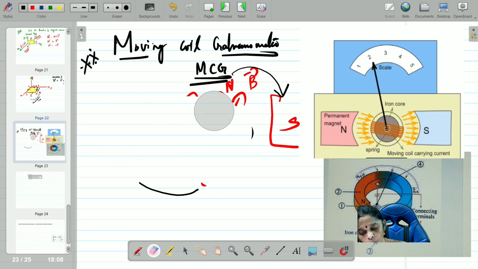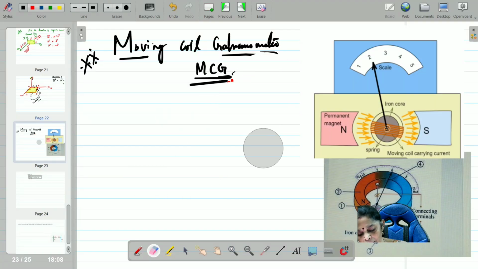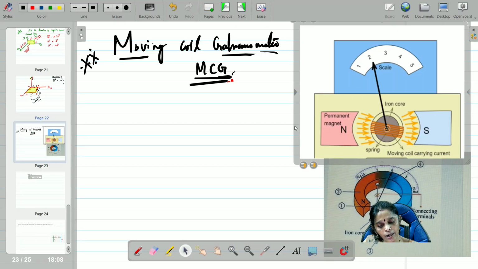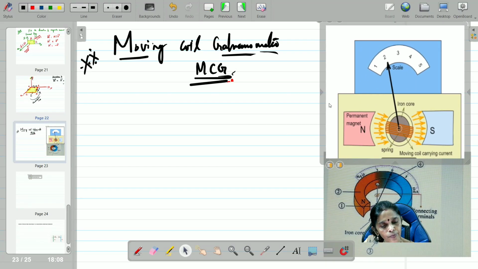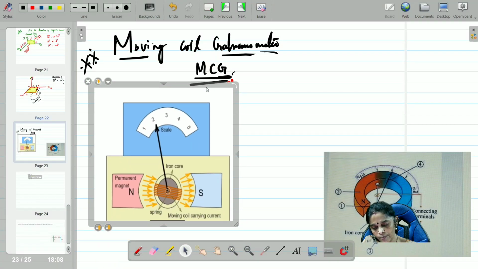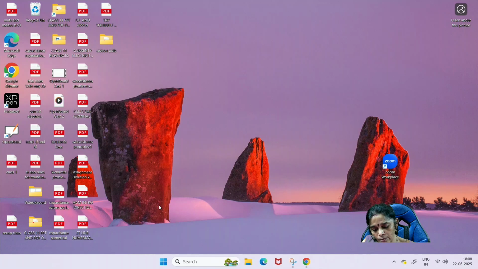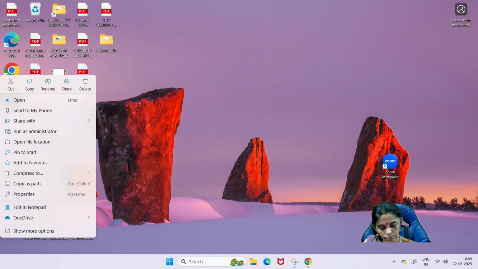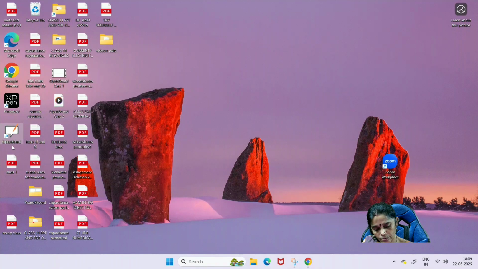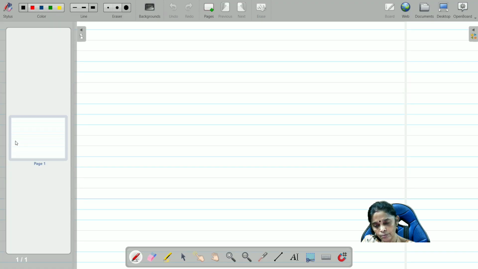Now check on the diagram, whatever is given. You will have clarity. A current is passed through the coil.